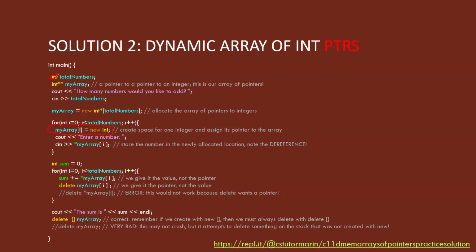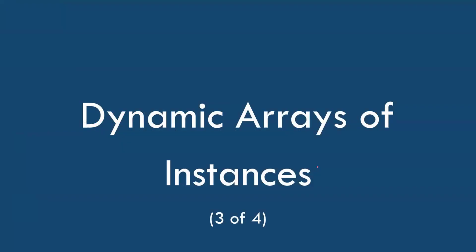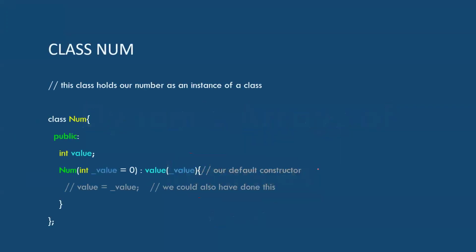So whether it's integers or a num class, which is what we're going to do. Bear with me while I take you through these last two examples. So dynamic arrays of instances, 3 of 4 examples. Here's our class. It's just a simple wrapper around an integer. It's got a constructor with a default value, which means it's a default constructor.